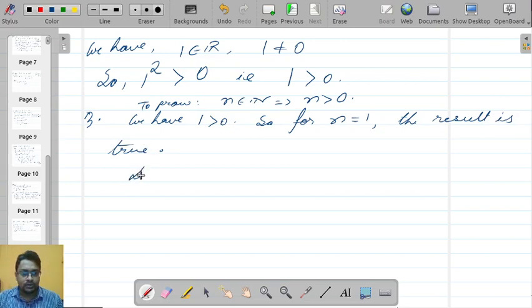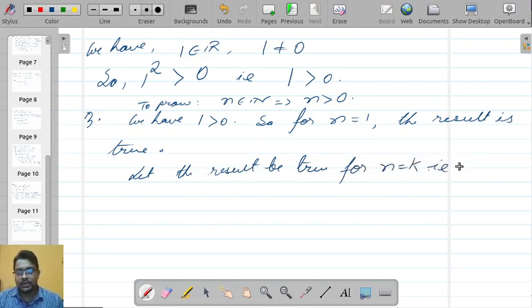Let us take the induction hypothesis. Let the result be true for n equal to, say, k, which belongs to natural numbers.